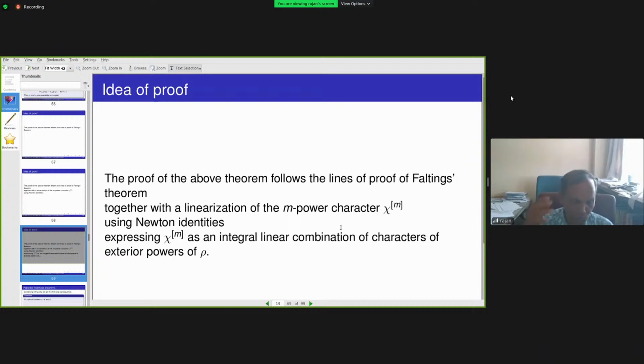What is the value of χ_m? It is the trace of ρ(σ)^m, which is just the sum of the m-th powers of the eigenvalues. Yes, sorry.